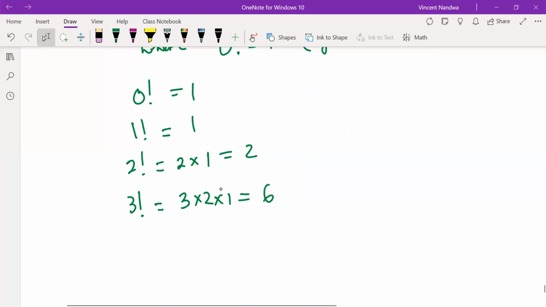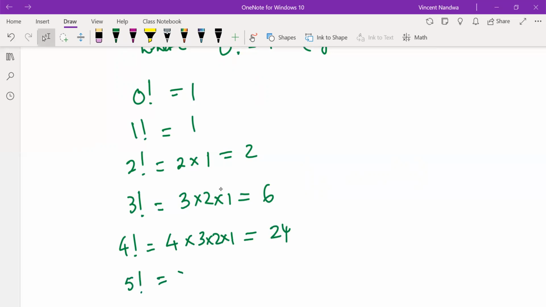And then 4 factorial means 4 times 3 times 2 times 1, which is 24. 5 factorial means 5 times 4 times 3 times 2 times 1, which is 120.